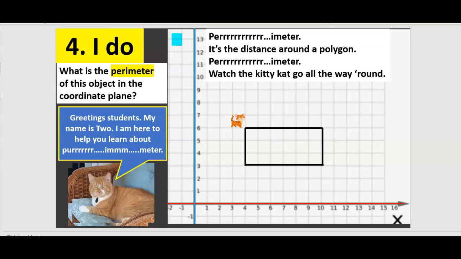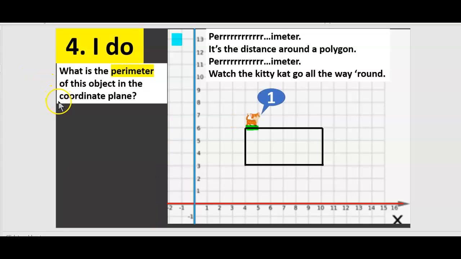My name is Tu. I am here to help you learn about perimeter. Perimeter is the distance around a polygon. Perimeter. Watch the kitty cat go all the way around. Perimeter. It's the distance around a polygon. Perimeter. Watch the kitty cat go all the way around. Perimeter. How far did it go? 6 units, that's right.